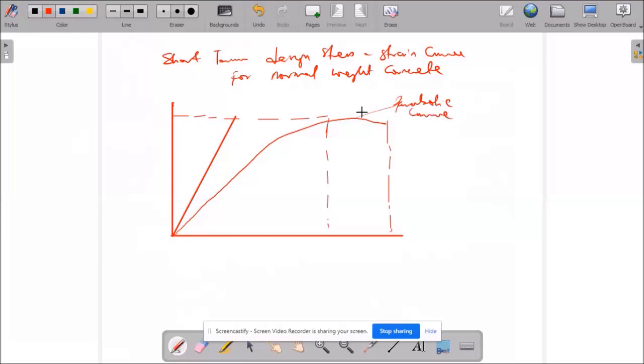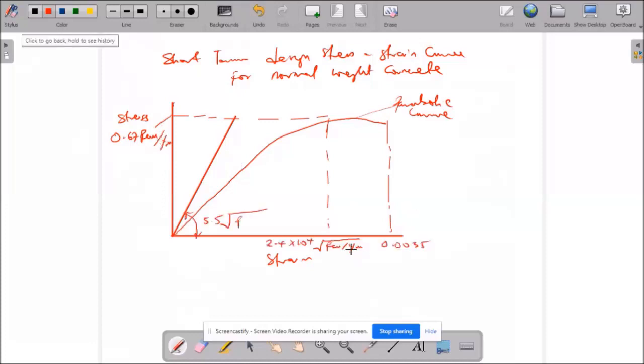From the stress strain curve, we have this strain here. This is strain values, then this is stress values, the compressive stress. The value corresponding to this is 0.67 FCU over the material strength.